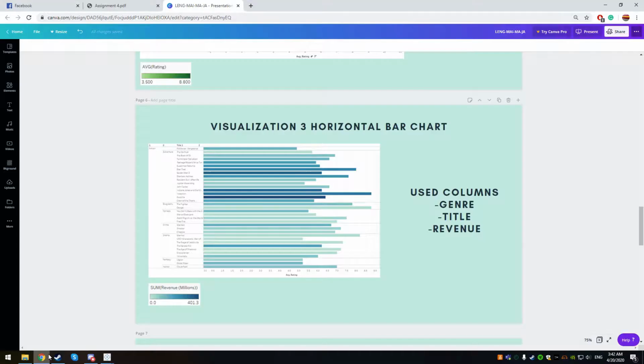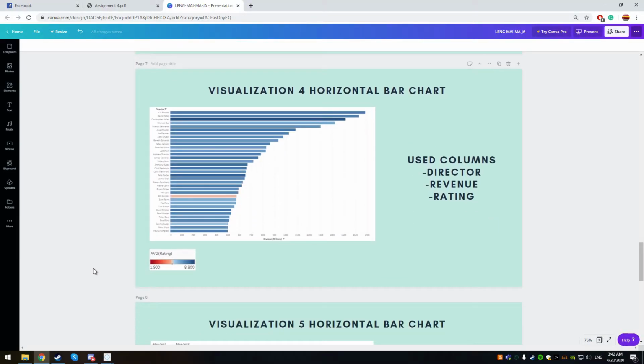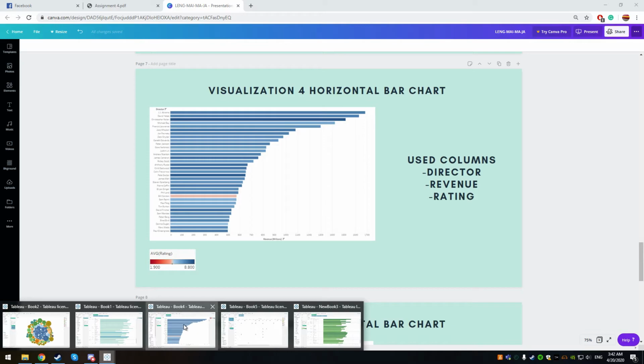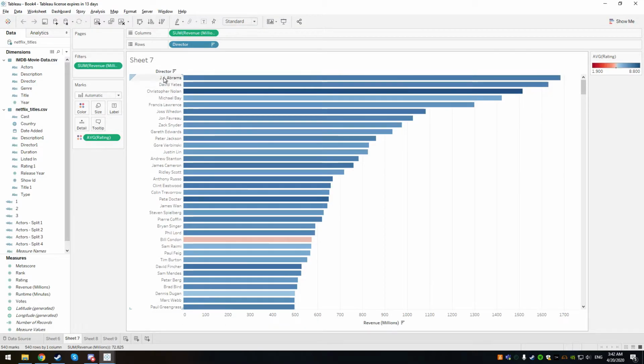So move to the next visualization, which is a horizontal bar chart as well. But the columns we use are the director, revenue, and rating. This one is director, and the size of the bar is the revenue, and the shade of it is the average rating.